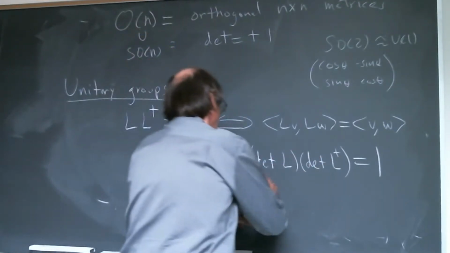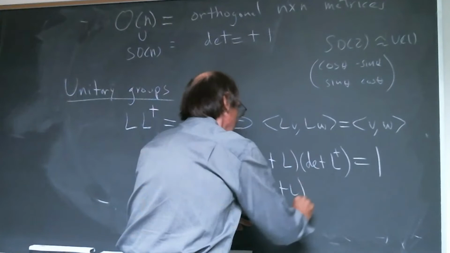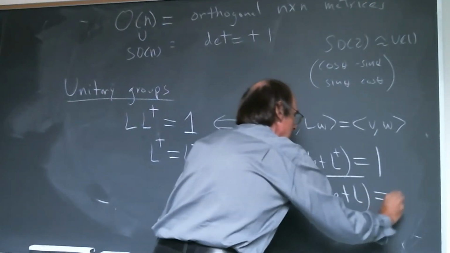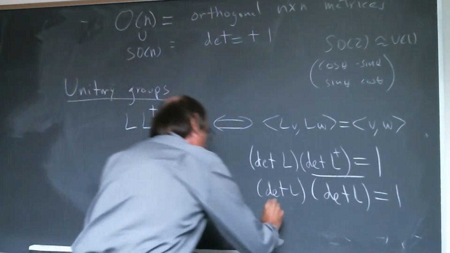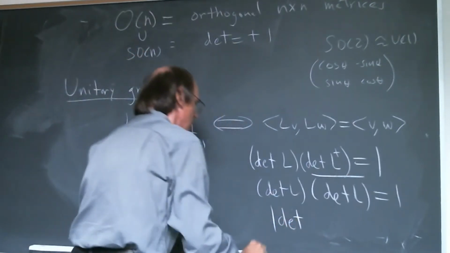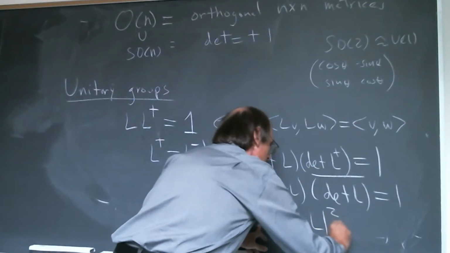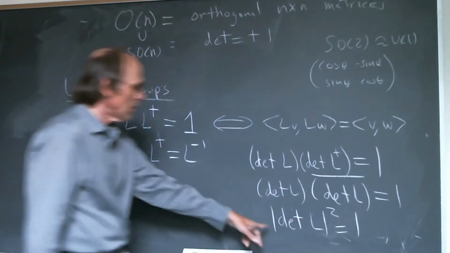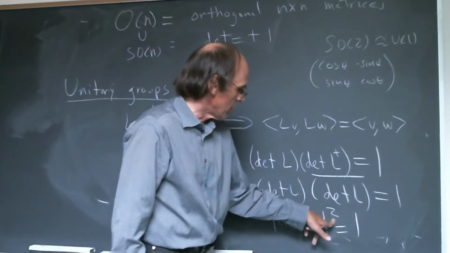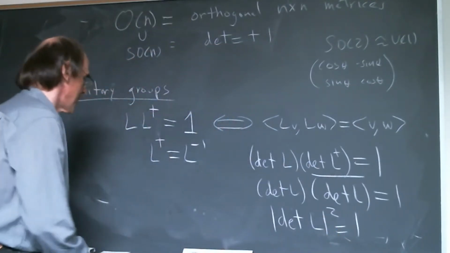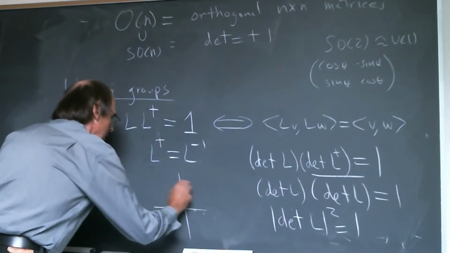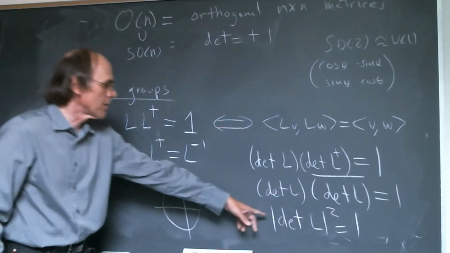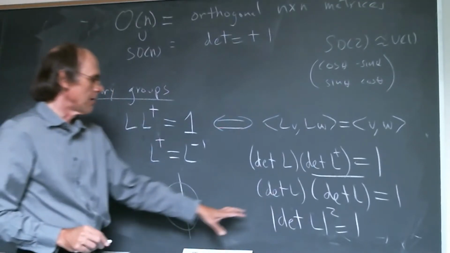So this is the determinant of L times the determinant of L conjugated is 1. So the determinant of L is a complex number with length squared equal to 1. Again, it's just going to be some point on the unit circle.